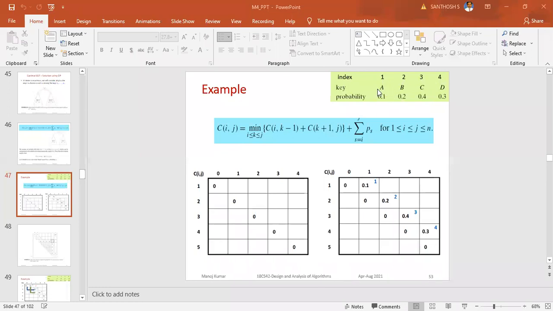In that you are having keys A, B, C, D, with A having value 0.1, B 0.2, C 0.4, D 0.3. Initially, C of I comma j, for all the diagonal elements you should place 0. Here you can see rows 1, 2, 3, 4, 5, and columns representing 0, 1, 2, 3, 4. So in that you are having 0, 0, 0, 0, 0.